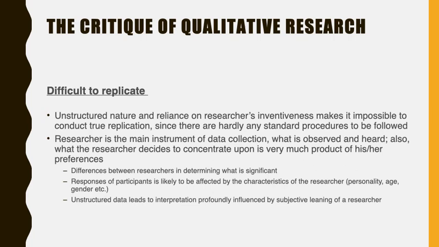Qualitative creates the problem in that you usually can't replicate it because a lot of the time it's the dynamic between the researcher and the study participants, as well as the time of the year or other factors that usually can't be controlled for in an experimental study.